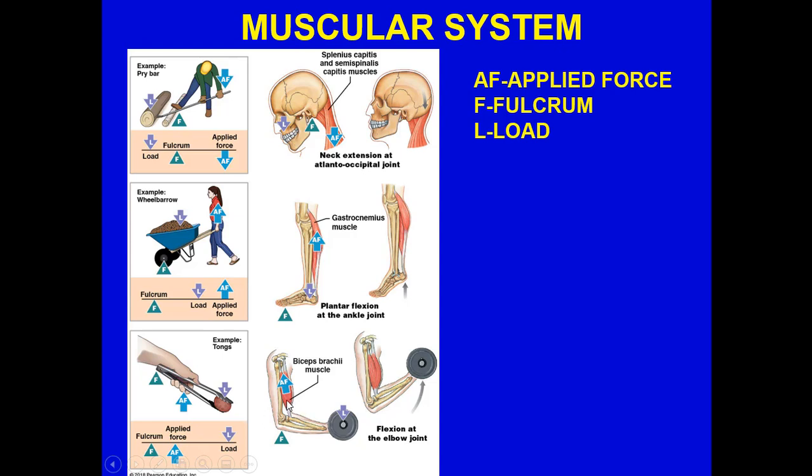So the applied force is the contraction by the biceps brachii muscle. The fulcrum is really at the elbow joint here. And so you're going to have flexion of the elbow joint because this is the load. And so when this occurs, this applied force is going to raise against the load.